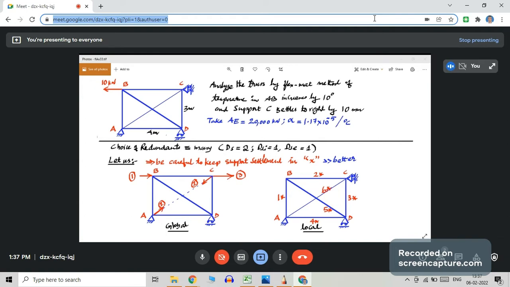You cannot take that settlement at D directly into either small x1 or small x2, because coordinates 2 and 3 are not along support D. So the issue now becomes that the settlement of D can only be taken in some coordinate other than small x. So what is available for that? Coordinates other than small x are either small q or small r.